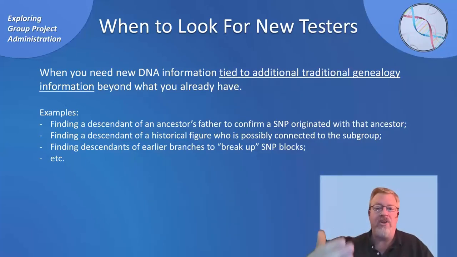Again, it's the combination of the fact that the person you're adding is in that genealogy plus the DNA data that's going to help you break it up. So when you add new testers, it's going to be because you want to find both additional DNA data and add a new genealogy situation to your analysis. So that's the basic difference between those.